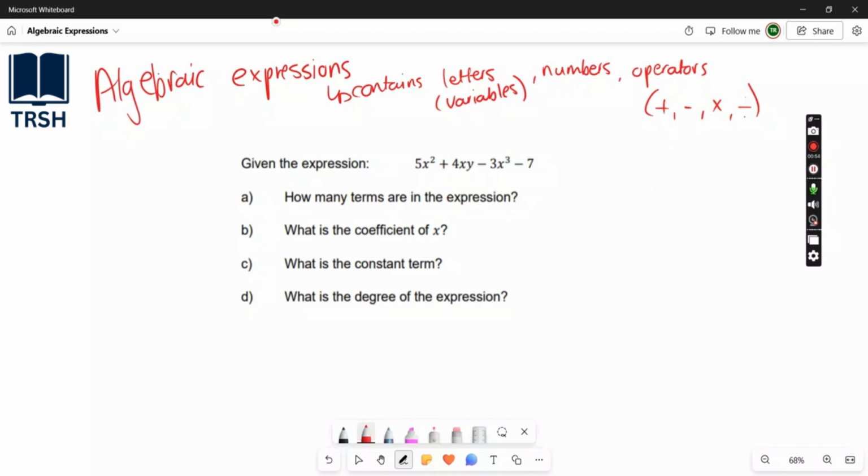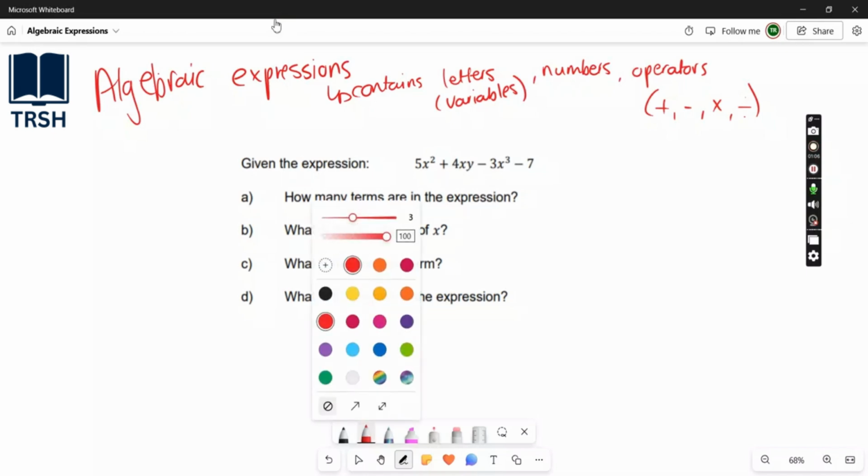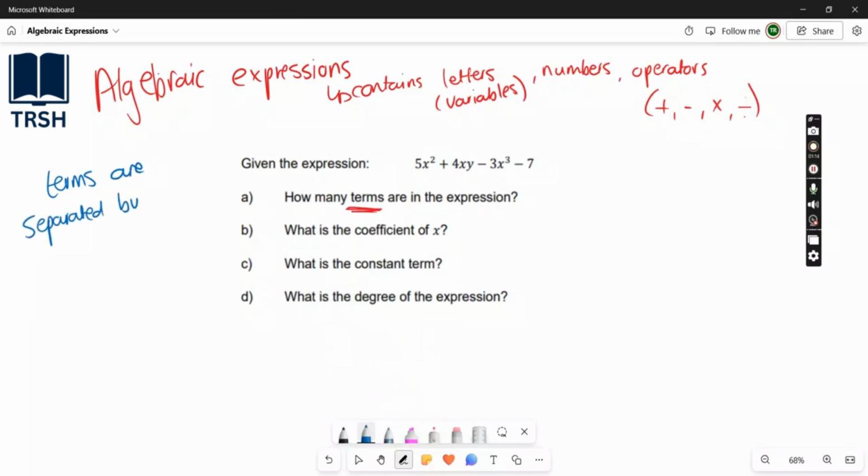Okay, so the first question says, given the expression 5x squared plus 4xy minus 3x cubed minus 7, how many terms are in the expression? Another thing that you need to know is that terms are separated by plus or minus.